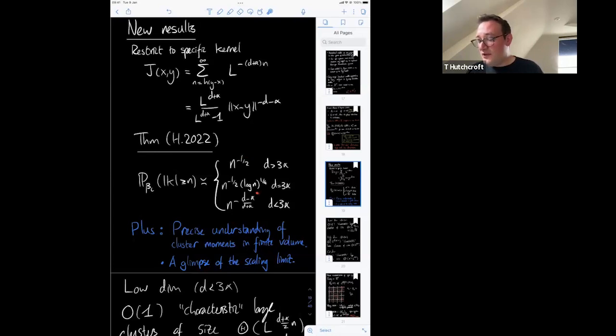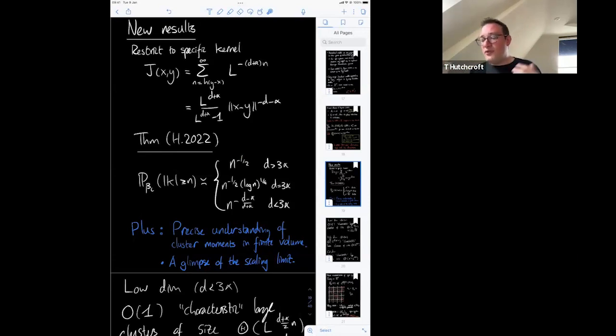You have this exponent, (d − α)/(d + α). This is the same rational function we saw in the graph earlier, in low dimensions. And at the critical dimension, you get 1/√n times (log n)^(1/4). One interesting thing to notice is that this is not the same log correction as is predicted to hold for the nearest neighbor model in 6 dimensions.